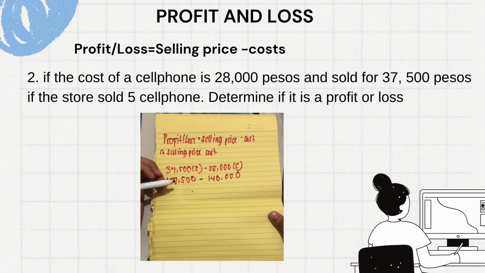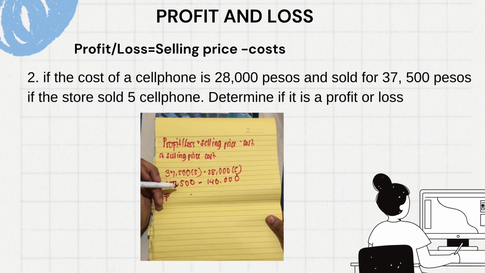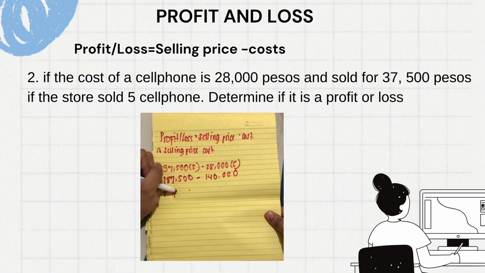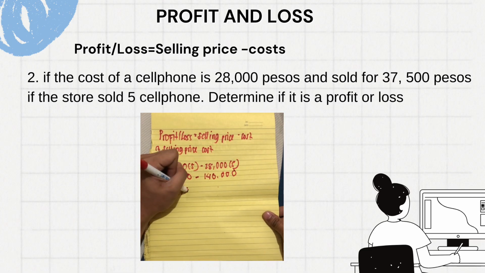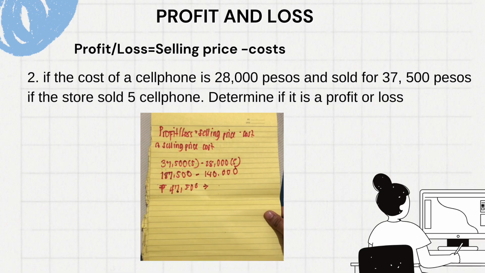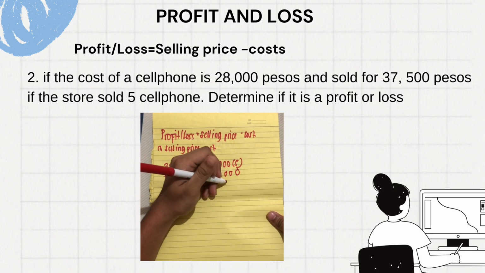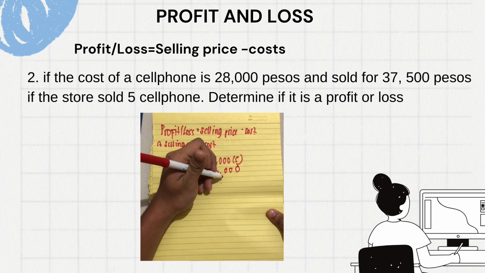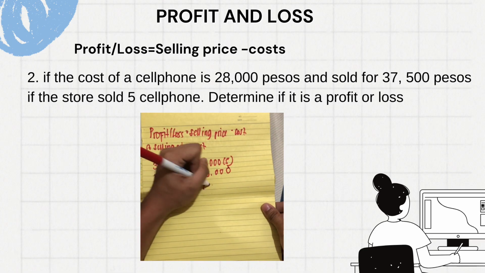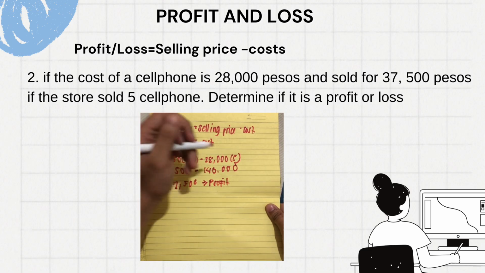Using the calculator again, our answer is 47,500, which is positive. As I said earlier, if it is positive, it is a profit. So the answer is profit.